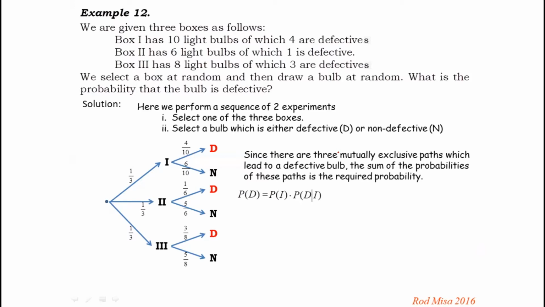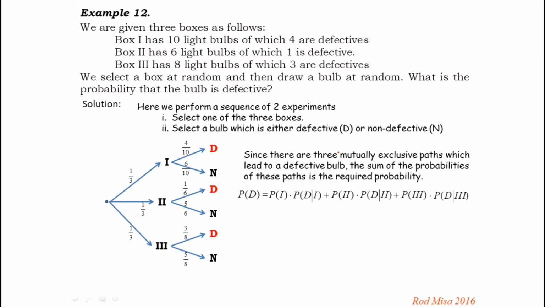The second case is choosing the second box and then selecting a defective light bulb from this second box given that you have chosen the second box. And the third case happens when you have chosen the third box times the probability of selecting a defective light bulb from this third box given that you have chosen the third box.